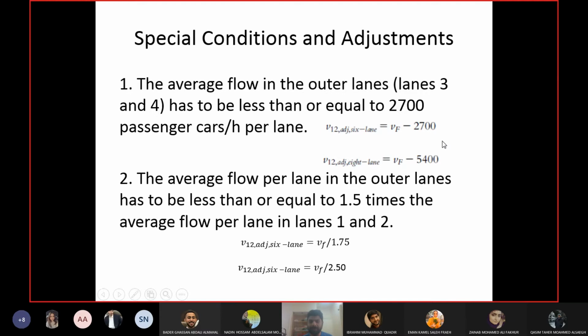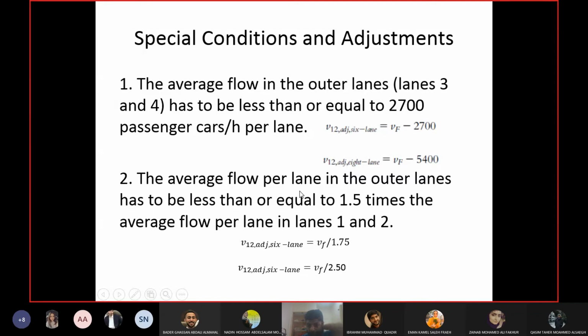First, you calculate in the regular manner, like I showed you, multiplying by PFM or PFD, and if the resulting flow in the third lane is more than 2700 passenger cars per hour per lane, then you will come back to these equations. Once you calculate from there, you have to come back and check from here. Then we have another condition again for a 6-lane highway.